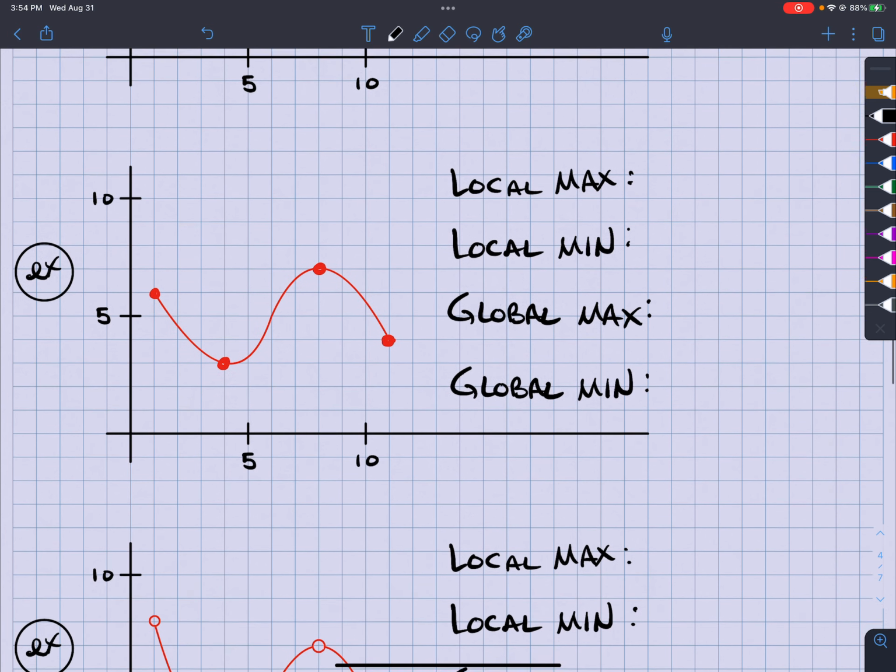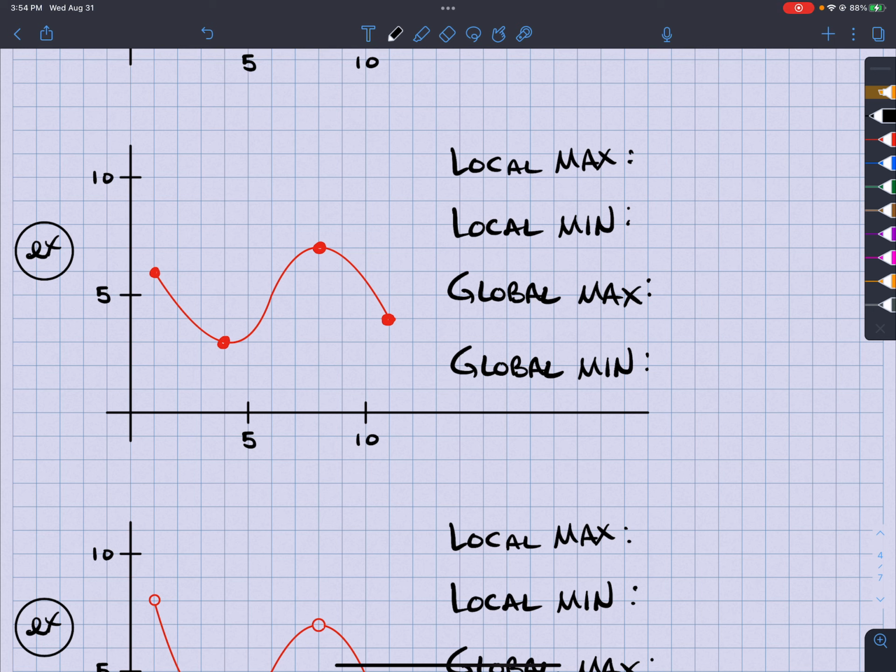All right. How about in this example here, where this point here is not higher than this point, and this point here is not any lower than this point, right? Well, if that's the case, then my local max and local min are going to be in the same place as the absolute max and min, because here is typically my local max. But since that's also the highest point, it's going to be my absolute max as well.